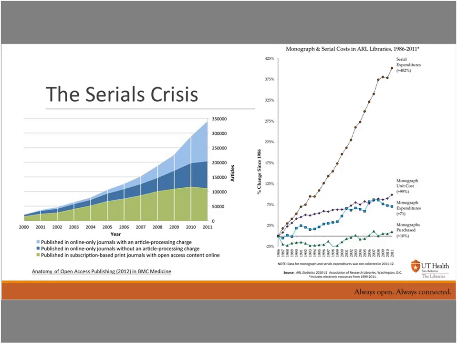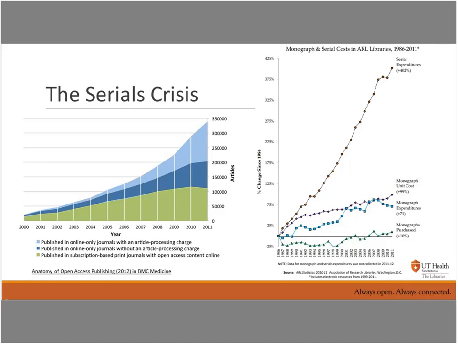So they're online-only, that's where they're published, and the author is paying to publish in them. Nine years later, in 2011, there are nearly 35,000 of those journals publishing online only with article processing charges that go to the author. So that's a growth of 30,000 journals in 9 years. I would call that proliferation.